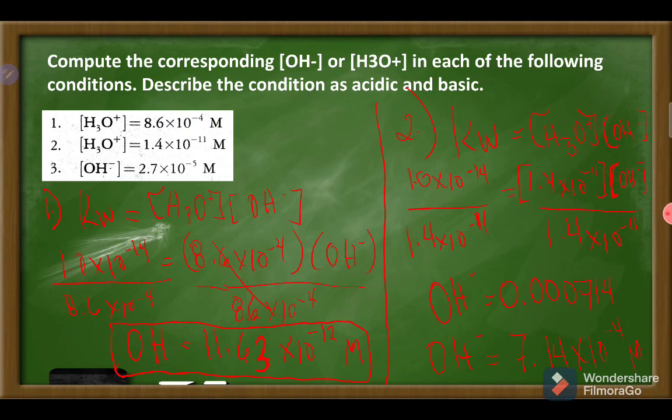Let's have number 3 with the value of the concentration of hydroxide ion. The value is 2.7 times 10 raised to negative 5. So for number 3, following again the solution, Kw is equal to the hydronium ion times the hydroxide ion.